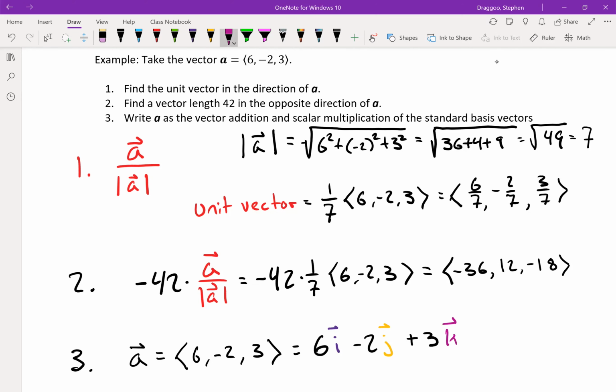Again, i, j, and k are those standard basis vectors mentioned earlier. So just break up those components, put it on each i, j, and k.